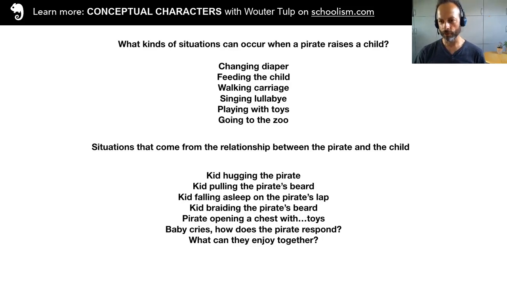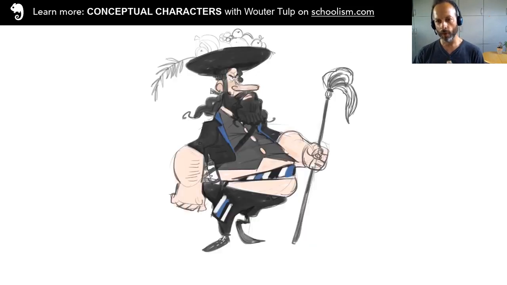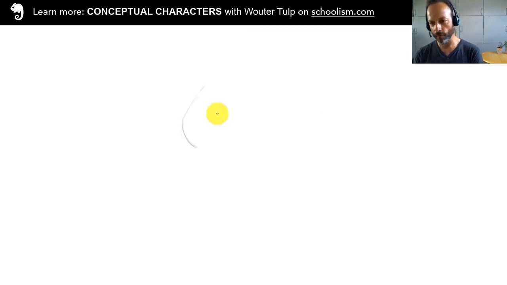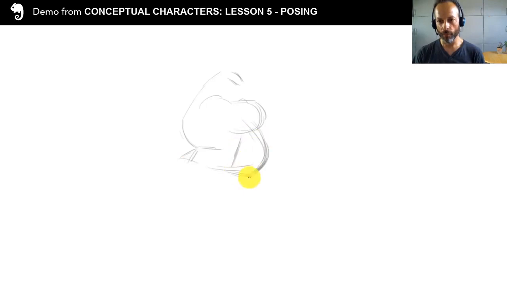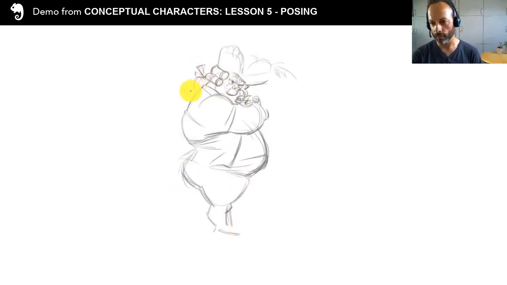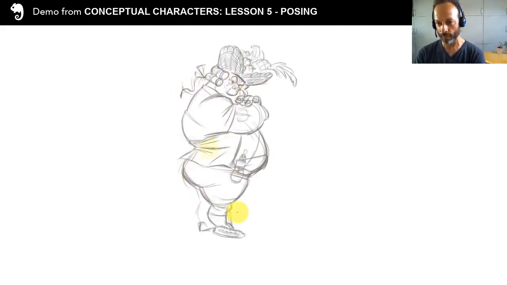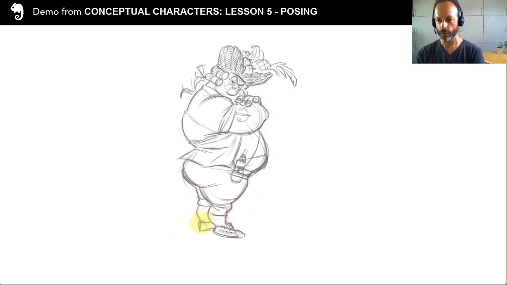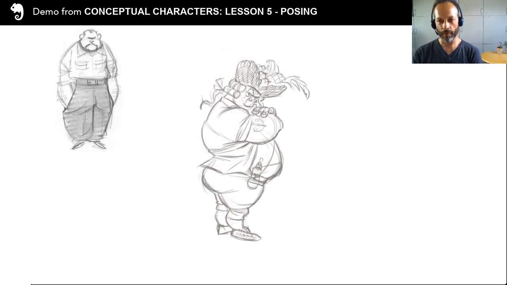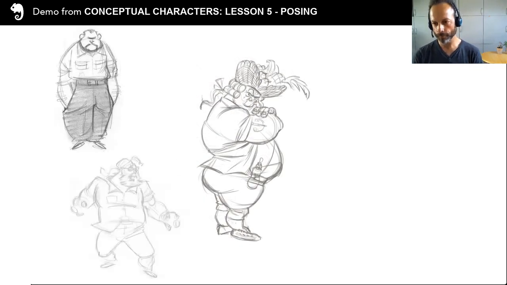So you can just draw a character standing, but when you think of the emotion of the character and think of why he feels the way he feels, and you can put that into your design, it's much easier for the audience to emotionally connect with this character because we try to understand how they feel and we try to empathize with them or react to that. So in a drawing, we also look for that emotion. So if there's a clear emotion visible in the design, that's what we're drawn to.